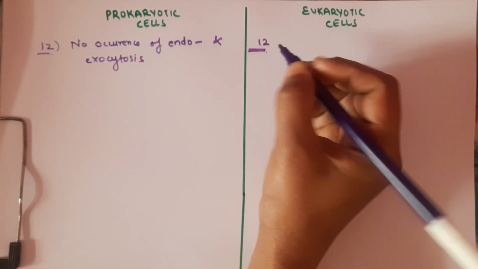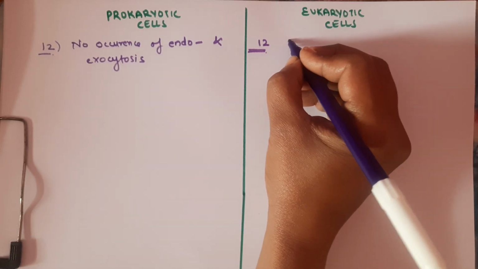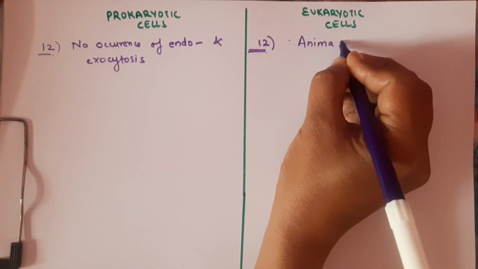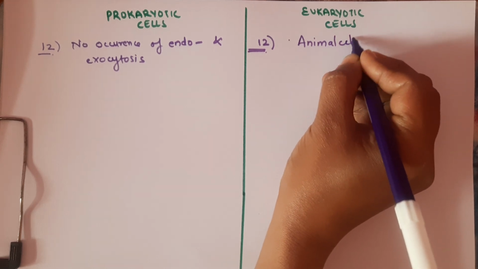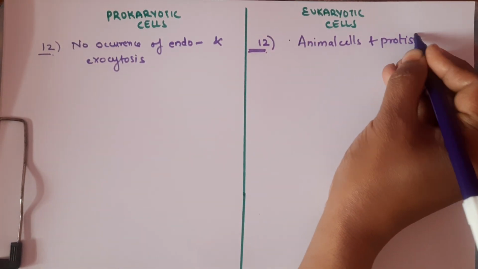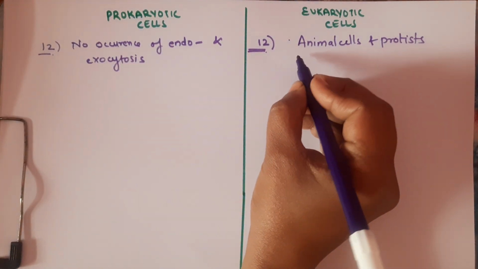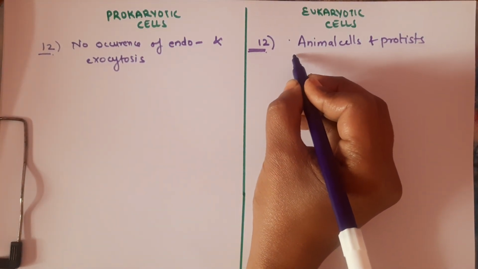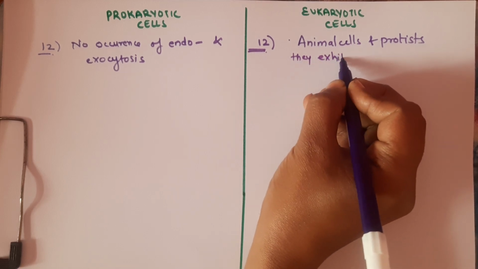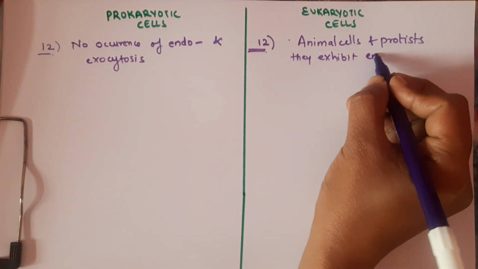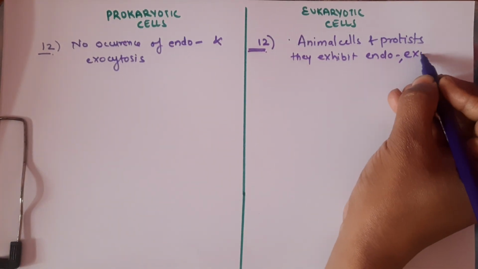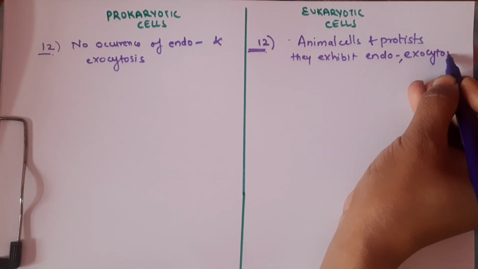However, in the eukaryotic cell, it happens only in animal cells and protists. So animal cells and protists exhibit endo and exocytosis.